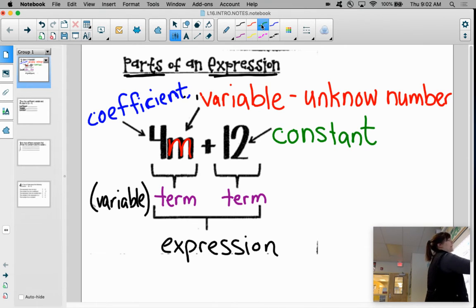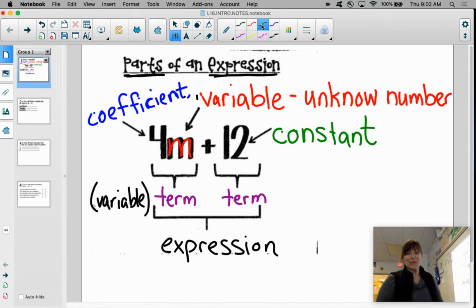No matter what happens, whatever m ends up being, after we figure out that left side term, we're always going to add 12 to it. That part never changes. That's why the 12 is called a constant. The m could be 1, the m could be 5. We don't know what it is yet. But after we figure out what 4m means as a number and simplify that, we're always going to add 12 to it. So that 12 is called a constant.